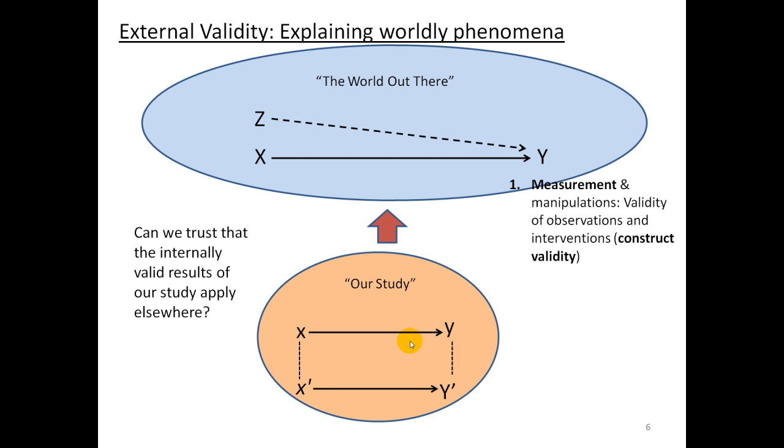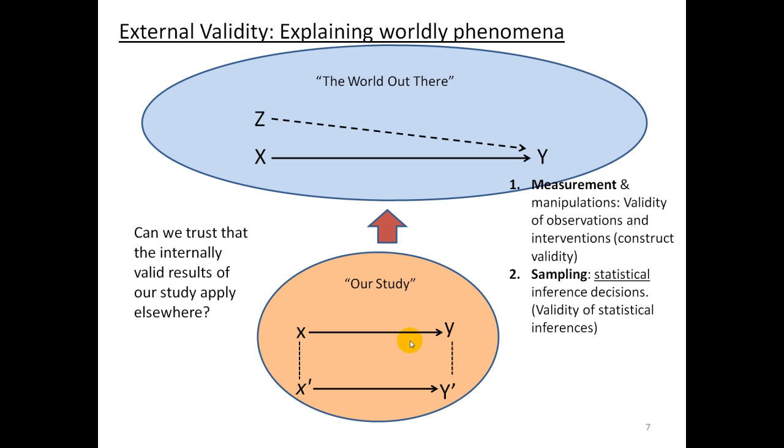In other words, are the measures that we've got and how they've actually been used in our study map well onto the theoretical constructs that we believe we are measuring? That is the first basic process of research design, that of measurement or making observations that are valid.